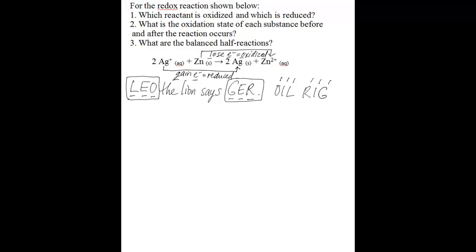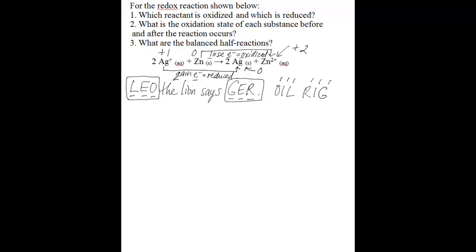So the oxidation state of silver cation is +1, and the oxidation state of the zinc cation is +2. And then if you look at the solids, one of the rules to determining oxidation state is that when you have a pure solid substance without a charge, the oxidation state is going to be 0. So for both the zinc solid and the silver solid, the oxidation state will be 0.